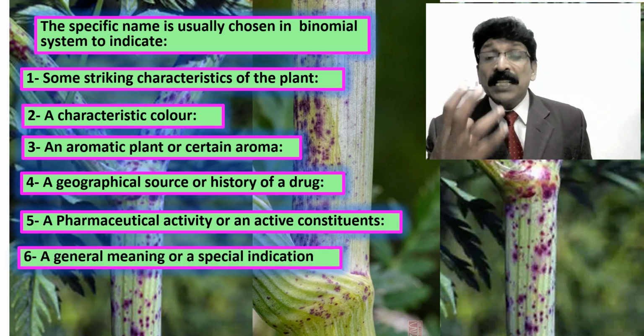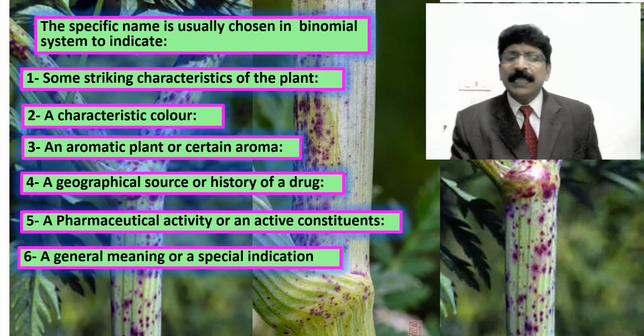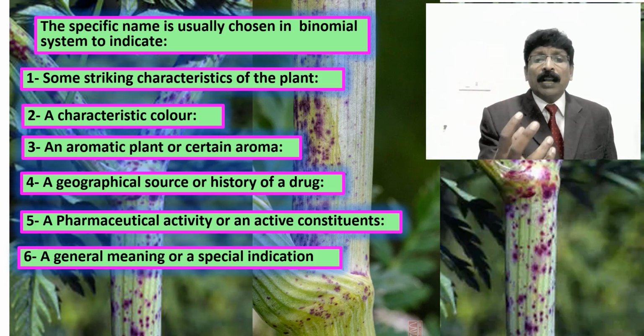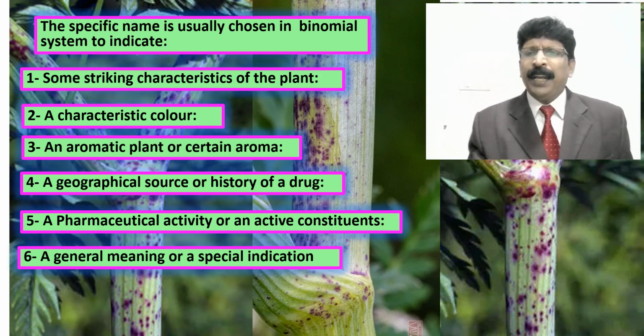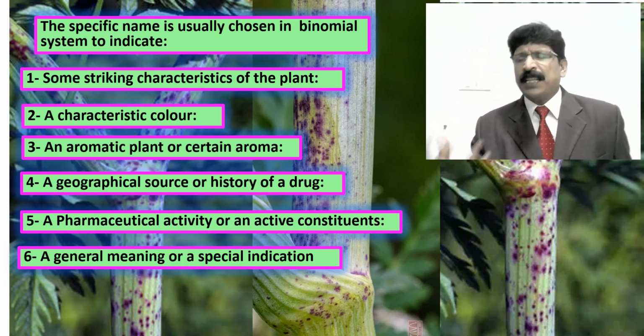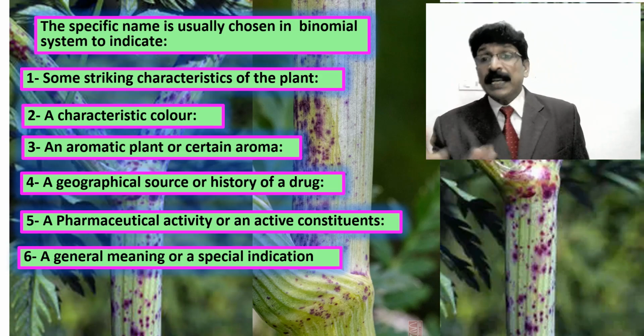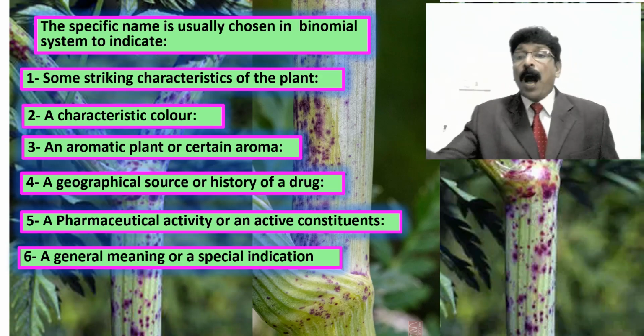Interesting, how the name is given by the species. A general meaning or a special indication can also be given. A general meaning or a special indication, some of the special indications, we will see some examples. Special indication, like Atropa.